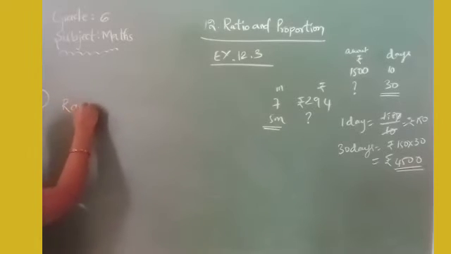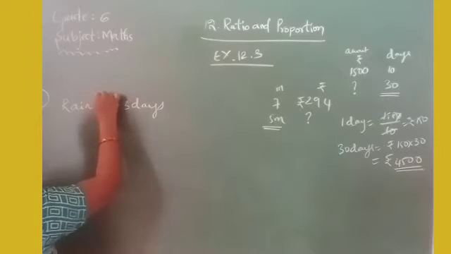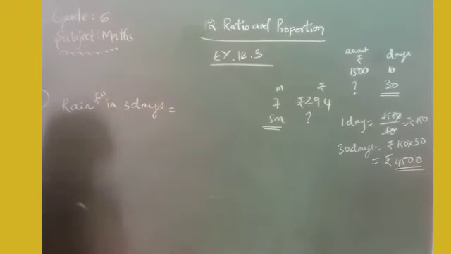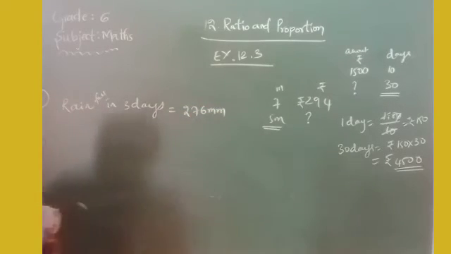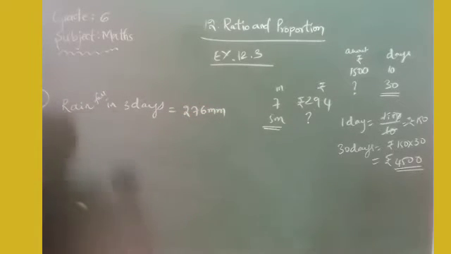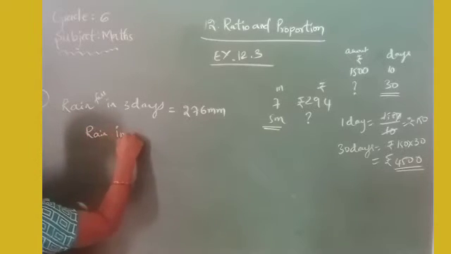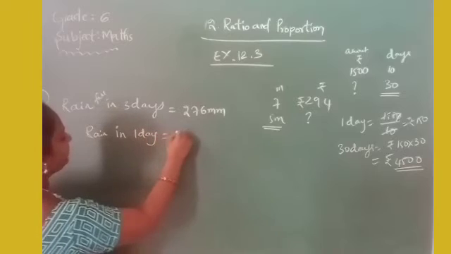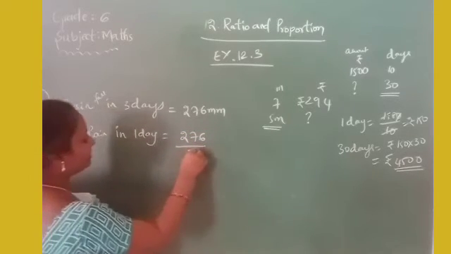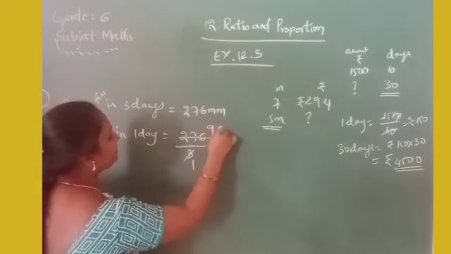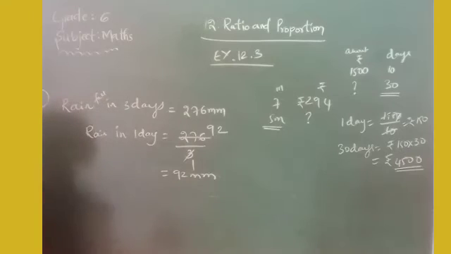How many millimeters rain fell in 3 days? 276 millimeters. Now rain in 1 day. How many millimeters will it be? So that is 276 by 3. Now simplify: 3 ones, 3 nines, 3 twos. 92 millimeters. In 1 day 92 millimeters.